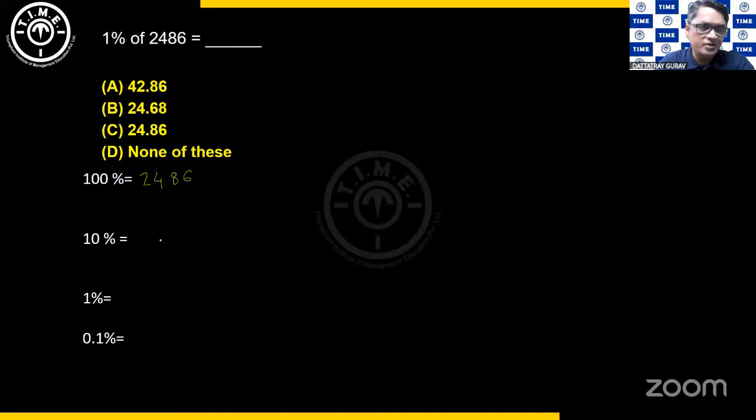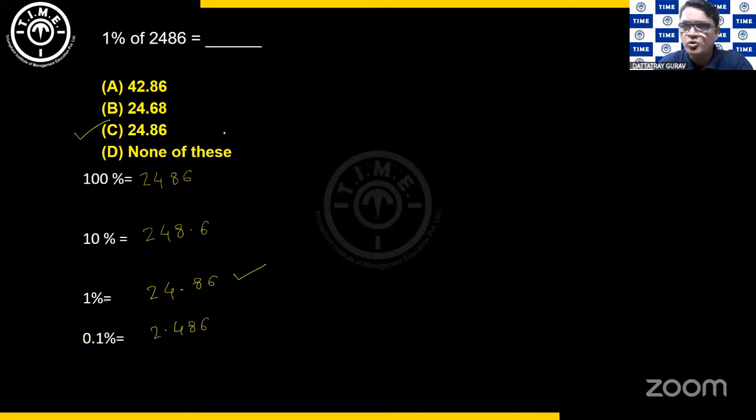It will be 248.6. What is 1%? It will be 24.86. What is 0.1%? It will be 2.486. I hope this logic is clear. How to shift the point on the left-hand side. If you look at this number, 1% will be 24.86. So option C is the answer.